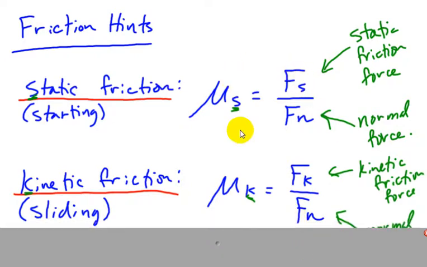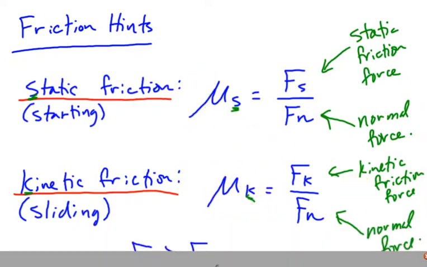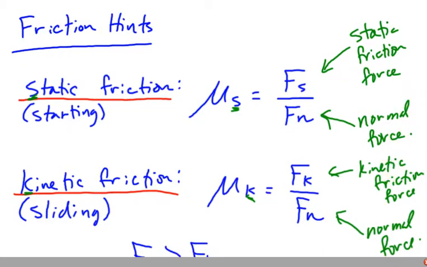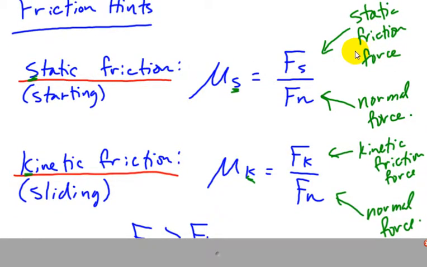As you can see, both are determined the same way, looking at the coefficient of static versus kinetic friction, and we can figure out those values. So in both cases, it's a ratio of friction force to normal force, and then depending upon whether you're moving on the surface or at rest on the surface.